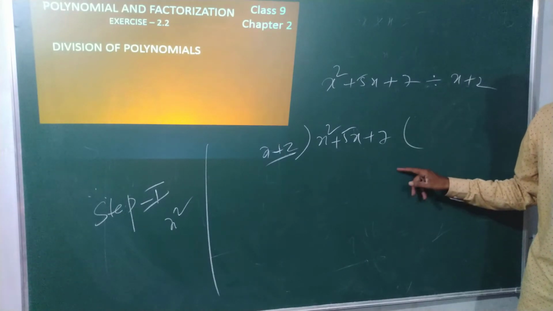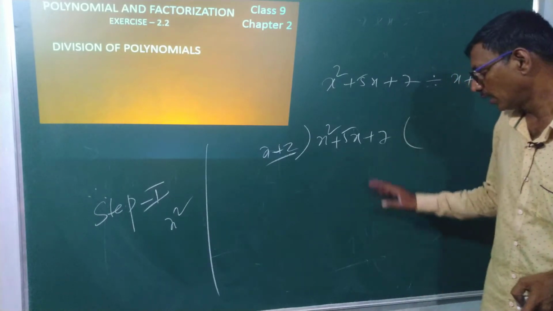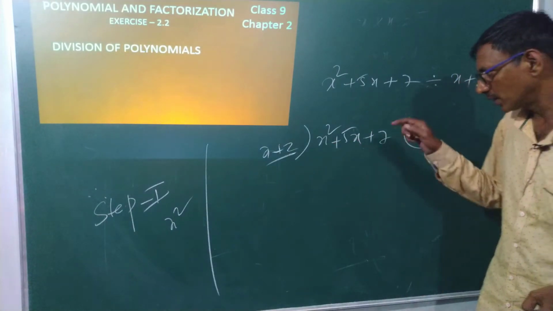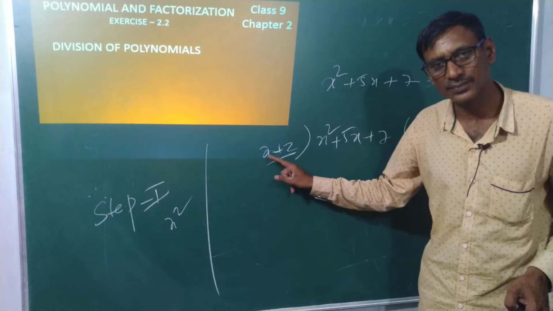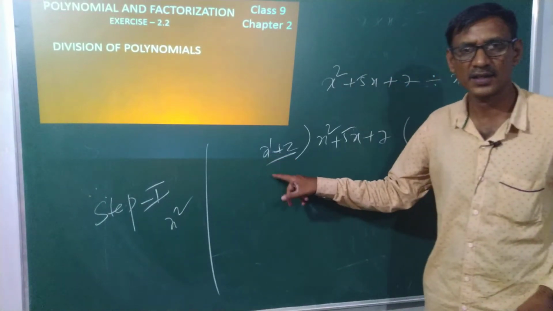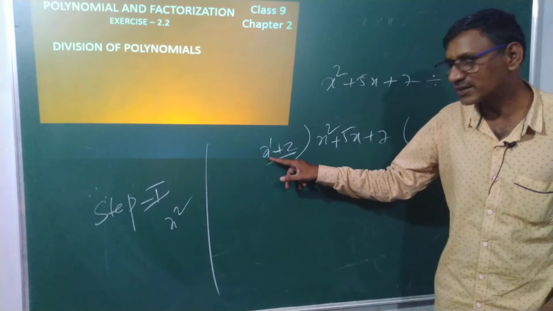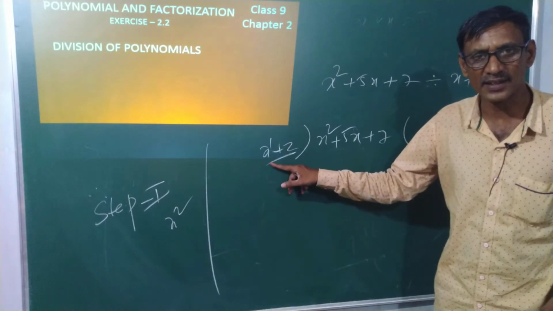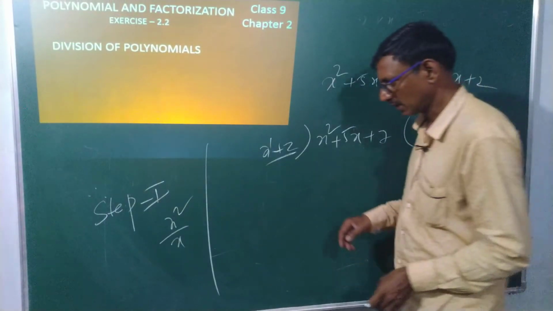Second degree polynomials are called quadratic polynomials. Keep in mind. Now, what is the highest degree of the divisor? x. Its power is 1. The highest degree term of the dividend is divided by this first. That is the first step.